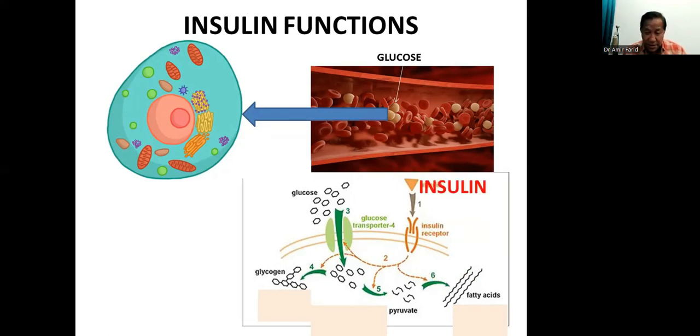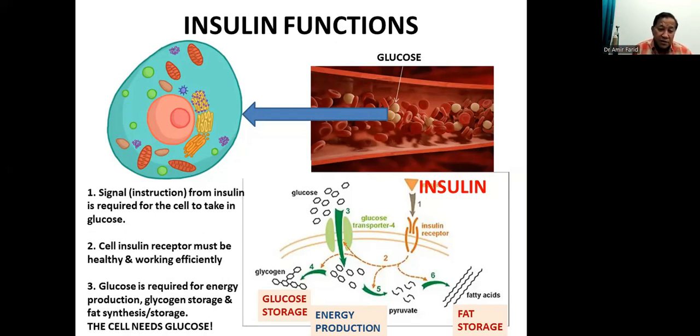Okay, so you see the most important function is to let in glucose for energy production, and then excess glucose, glucose storage, and then fat storage. Okay, one thing not mentioned here, protein synthesis can also be done.